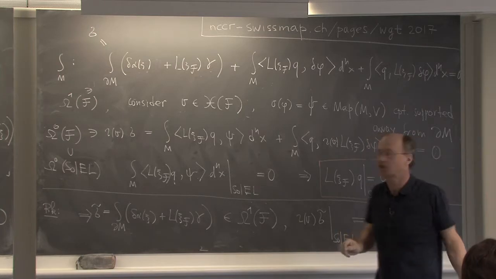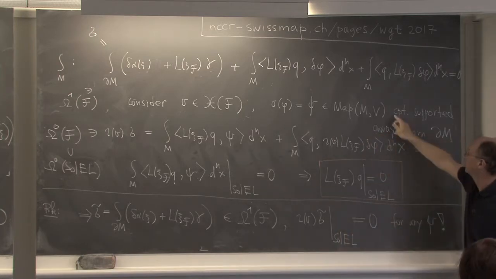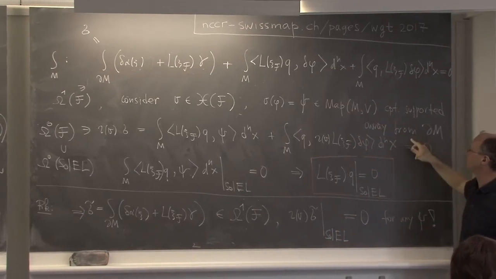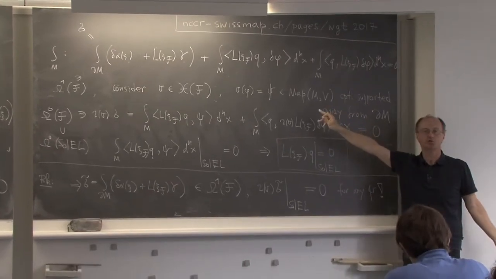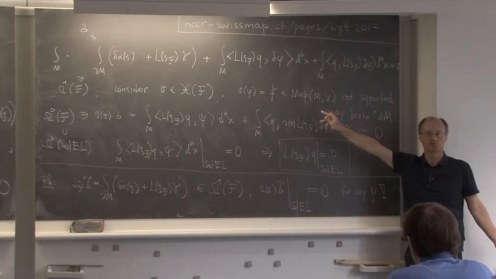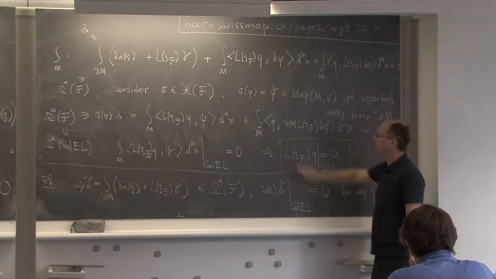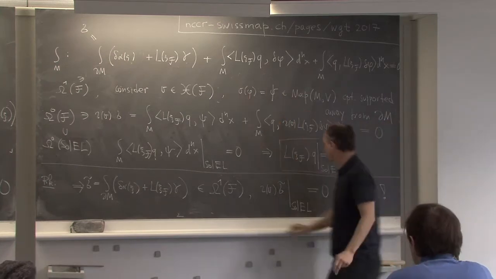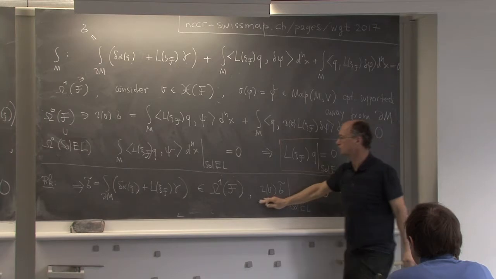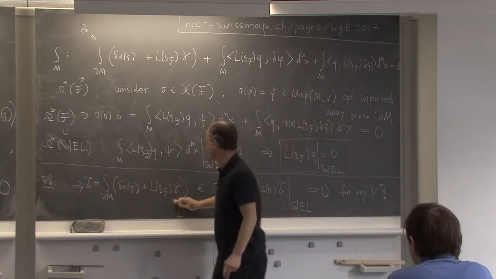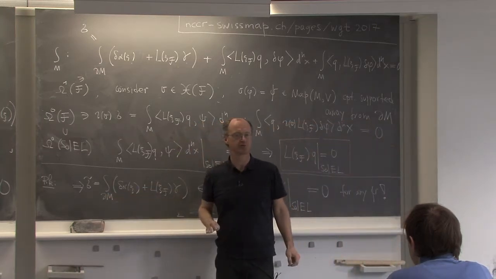Now we take a vector field of this form, we take an arbitrary psi, we evaluate the pairing. This formula is telling us that this contribution, computed on an arbitrary psi, is 0.